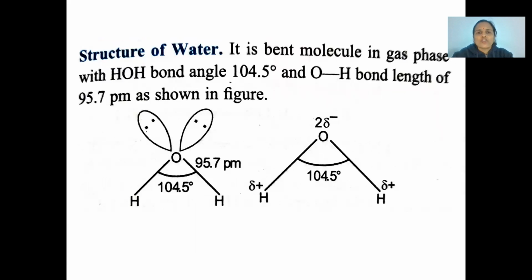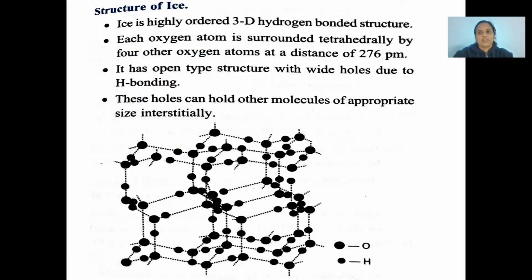Let's look at the structure of water. It is a bent molecule in gaseous phase with HOH bond angle of 104.5 degree and OH bond length of 95.7 picometer as shown in the figure. Structure of ice. Ice is a highly ordered three-dimensional hydrogen bonded structure.